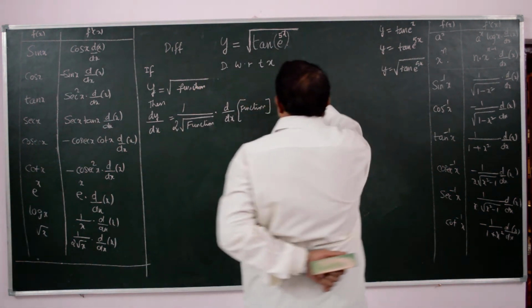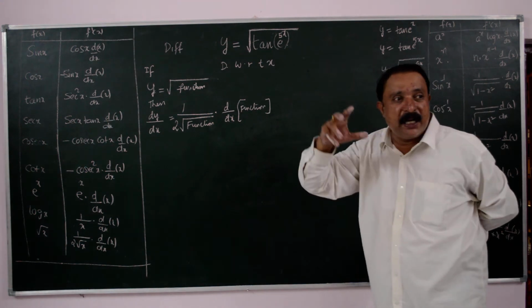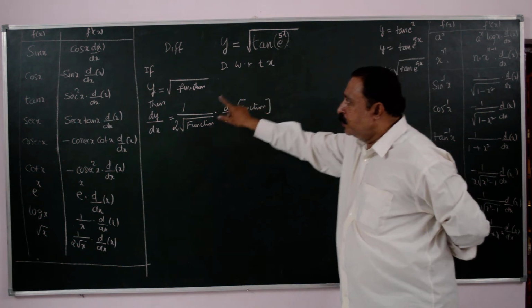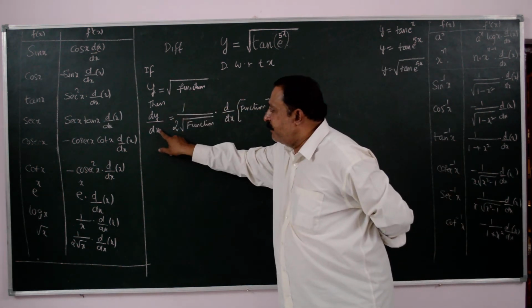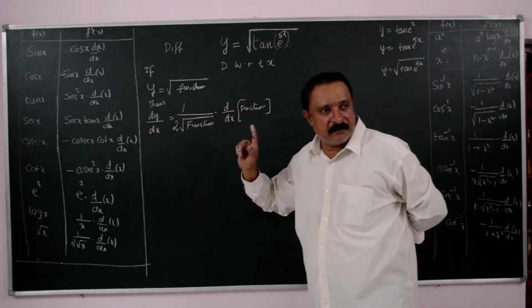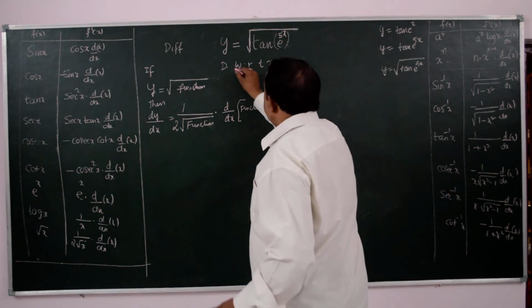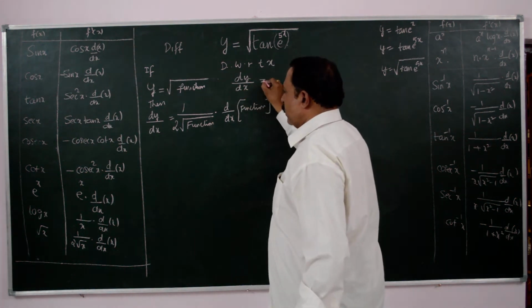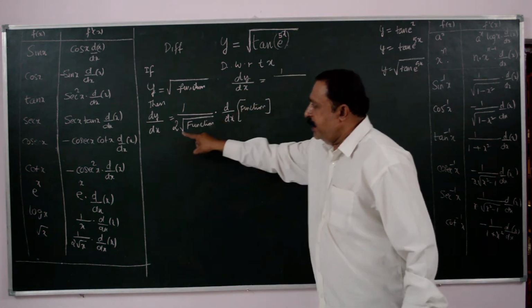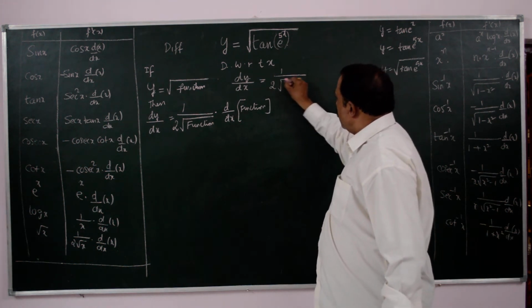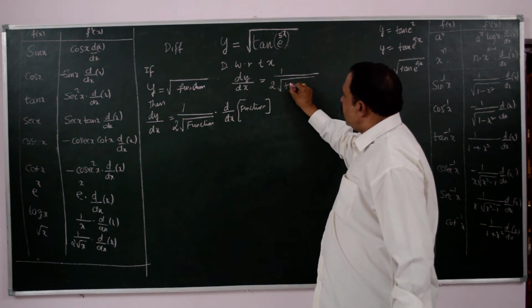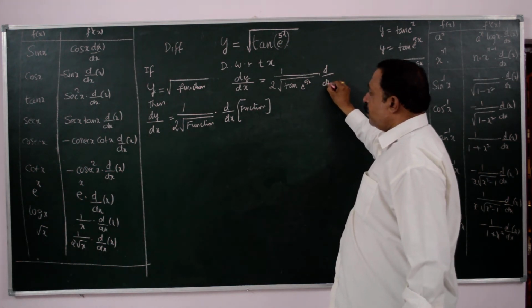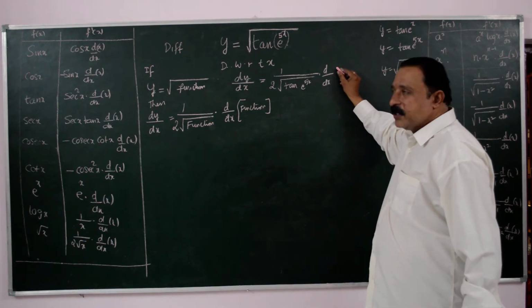Now if you look into this problem, now you can easily identify the pattern. The pattern is y equals root of function. So if y is equal to root of function, then dy by dx is written according to this pattern. So I will now write differentiating with respect to x, we get dy by dx equals 1 by 2 into root of function, root of tan e to the power of 5x into d by dx of, what is the function here?